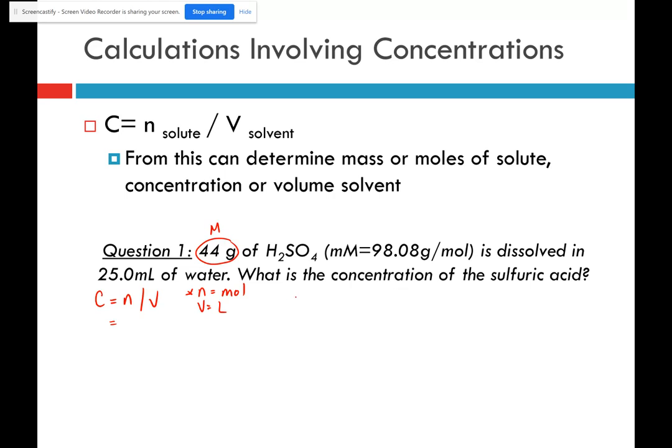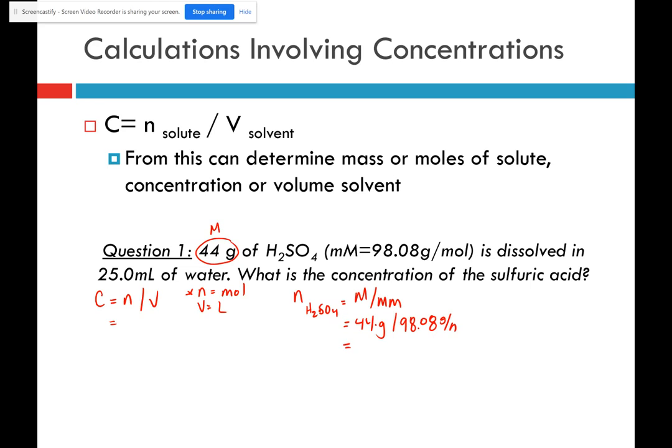We can just say, no problem, I can calculate my moles of H2SO4 because we know mass divided by molar mass is moles. So I'm going to take my mass, which was given to me in the question, which was 44 grams, and I'm going to divide that by my molar mass, which is 98.08 grams per mole. That was given to me in the question, which helps out.